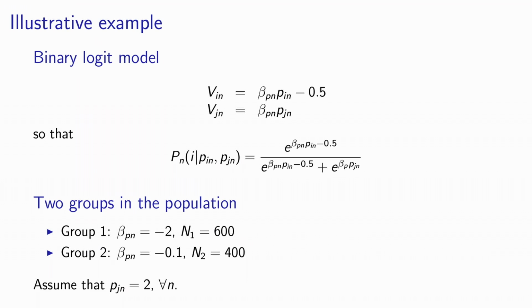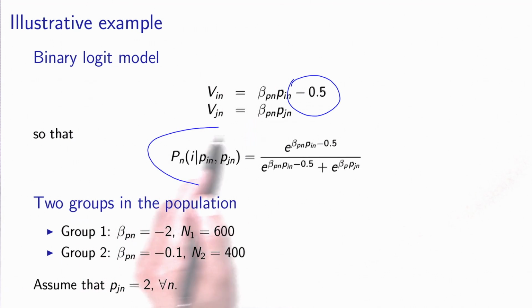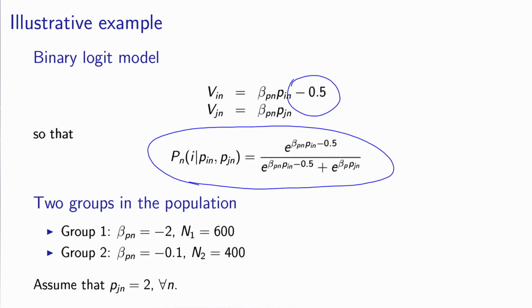So on average, people tend to prefer product j to product i. So the constant associated with product i is negative. So it's a binary model. We can use the logit formula to calculate the choice probability, which is given by the well-known logit formula here, which depends on the price and the parameters.